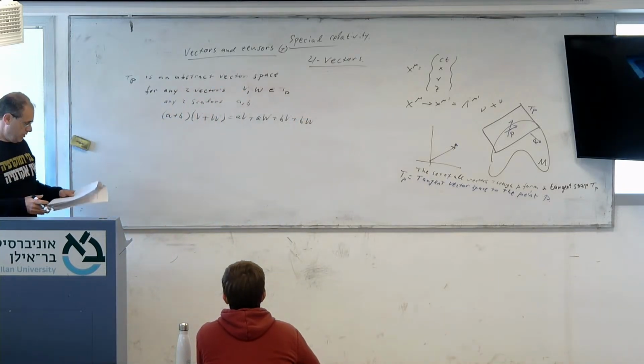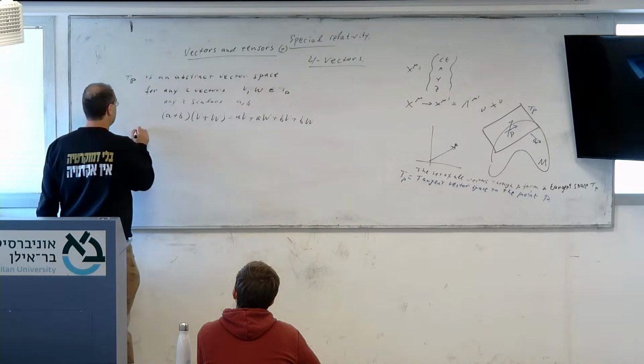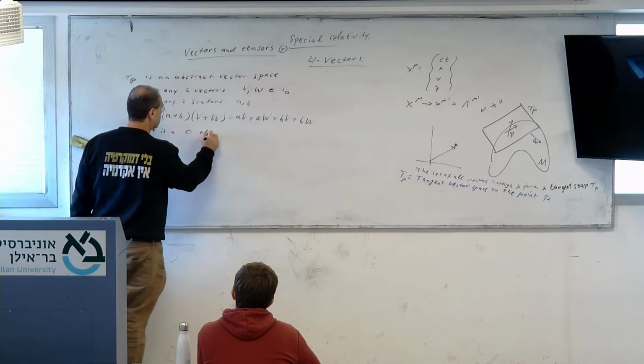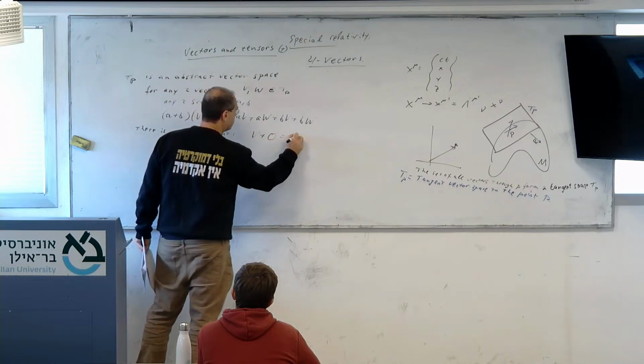Same thing you saw already. There is, of course, a zero element: V plus 0 equals V.